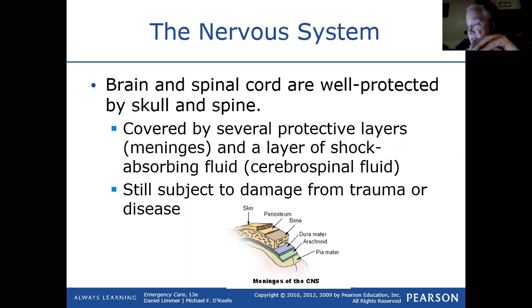So when somebody has a spinal tap, right, somebody has meningitis and they need to look at the fluid surrounding the brain to see if they can see signs of infection, they're going to go into the space where that fluid is, okay, which is down in here, with a needle and try to draw it out. They're obviously not going to do it in somebody's skull because they don't want to drill a hole in your skull to get that fluid out. So they do it because your brain and spinal cord is one continuous system. They do it down in your lower back.